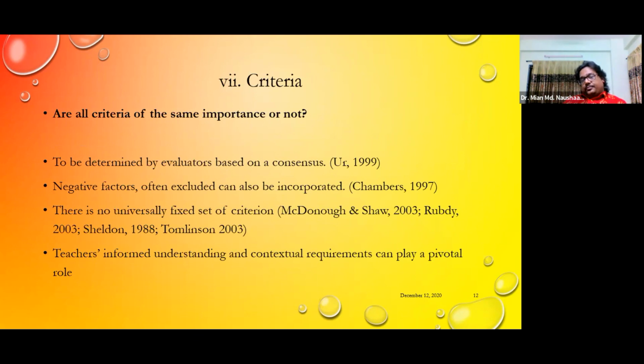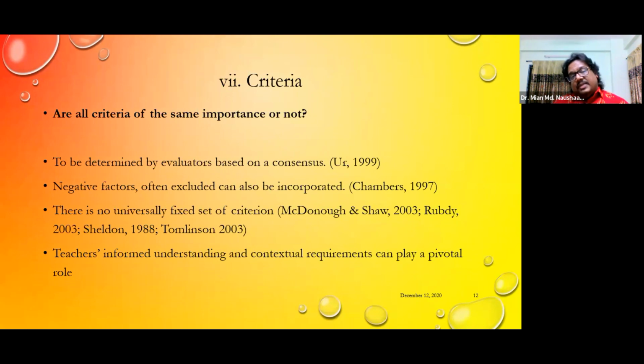So if I go to the criteria, when you evaluate the course book, what are the things that you will be looking at? There are thousands of things to look at when you are evaluating course books. So one question is, are all these criteria of the same importance or not? And definitely the answer is no. The importance of the criteria is defined by the necessity, the context and the purpose of evaluation.